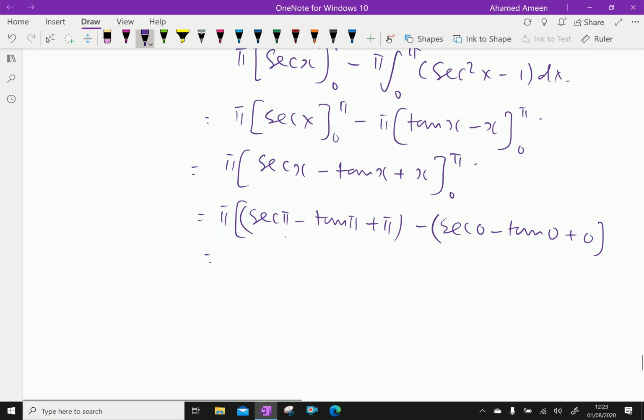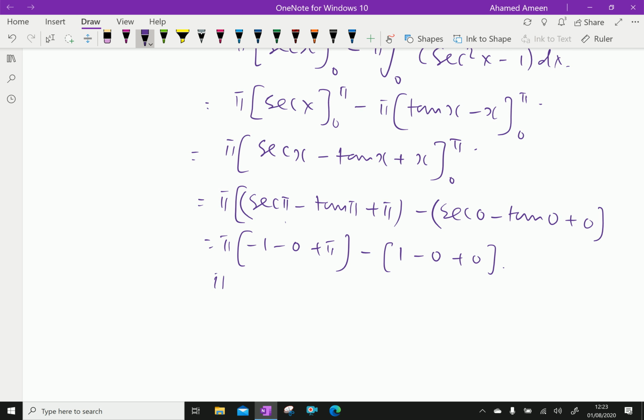So which is equal pi, secant pi is minus 1, because cos pi is minus 1, so 1 over minus 1 equals minus 1, tan pi is 0, plus pi, minus secant 0 is 1, tan 0 is 0, plus 0. So which is equal pi into minus 1 plus pi minus, bracket, 1.